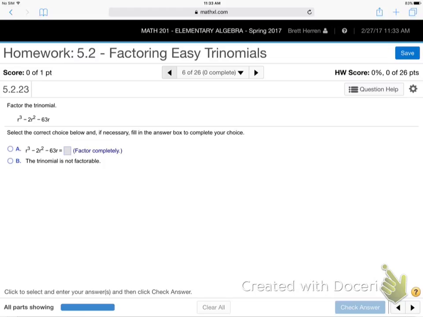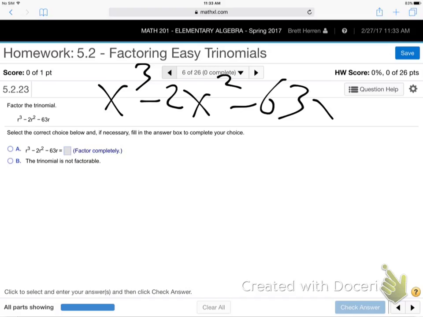All right, so try that one. I'm going to make it X again. X cubed minus 2x squared minus 63x. Try that one. First, what's the first thing you ask yourself on every factoring problem? Do they all have something in common? Yeah.